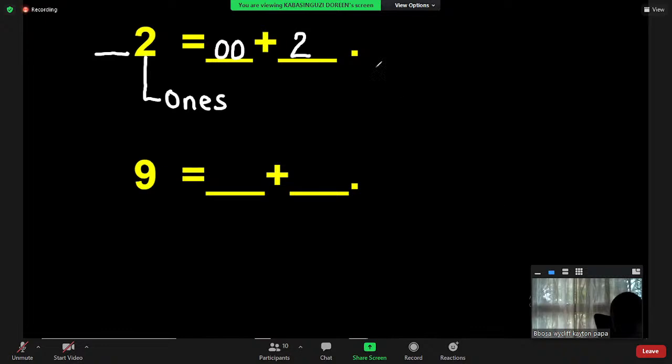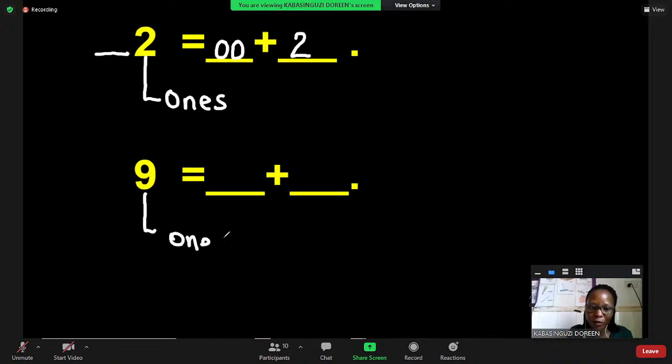First, write the word ones. We first get the place value of 9, which is ones. Then Wycliffe, what's the next step? Now, as the second one, we write 9.